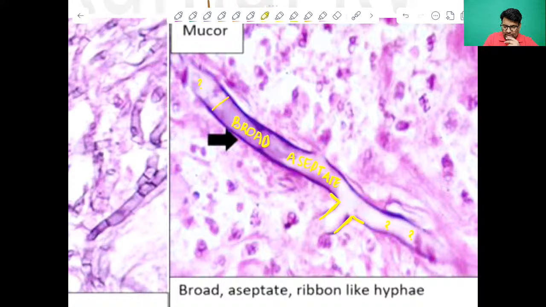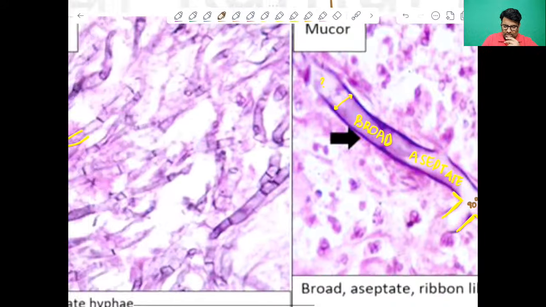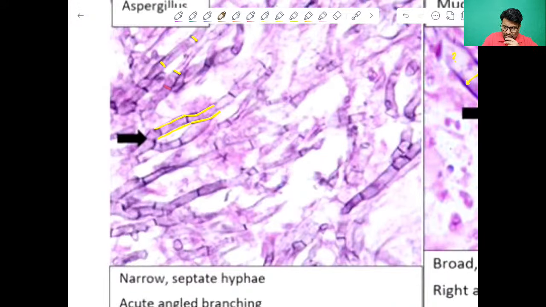Moreover, you can see the size. It is so broad, and see the branching at 90 degree. Whereas in aspergillus, the hyphae are narrow, right? You can see the shape, they are narrow, and we can see the obvious septations in the center, this black line.